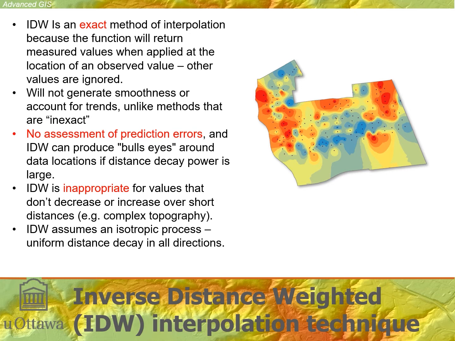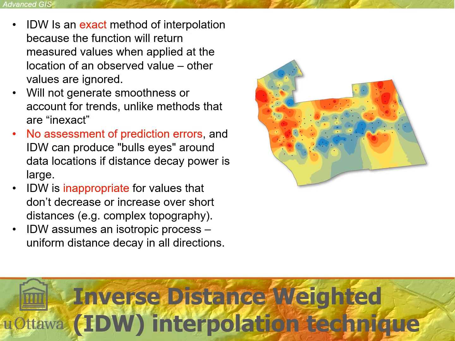That means that the decay in influence of surrounding values with distance from a point to be estimated is the same in all directions. So an isotropic process means that inverse distance is the same in all directions.